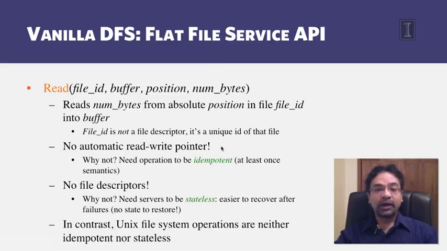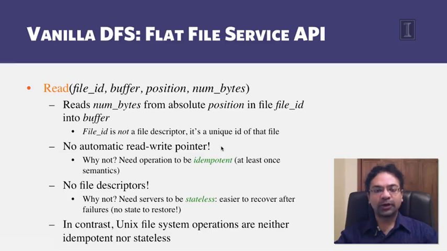Why not? Well, because you're using RPCs here, you want to support at least once semantics, and you want this operation to be idempotent. You don't want this operation to be repeated multiple times and cause side effects. If you were using an automatic read-write pointer, then at least once semantics would just not sit well with this particular distributed file system, and so you don't want to use automatic read-write pointers.